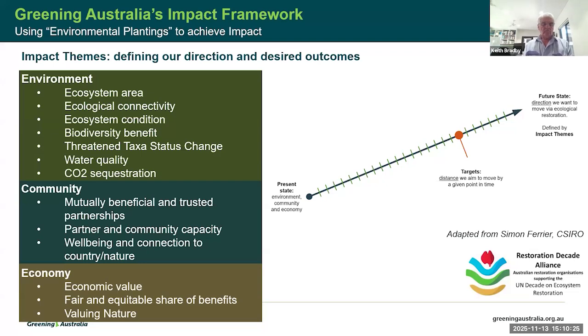We want to seek additional benefits beyond carbon sequestration. And so you can see on the screen there a list of impact themes, and those are the sorts of things that Greening Australia considers really important. So things like ecosystem condition or quality, genuine biodiversity benefit, and threatened taxa status change. And in the community space, we want to see mutually beneficial and trusted partnerships and that sort of thing.